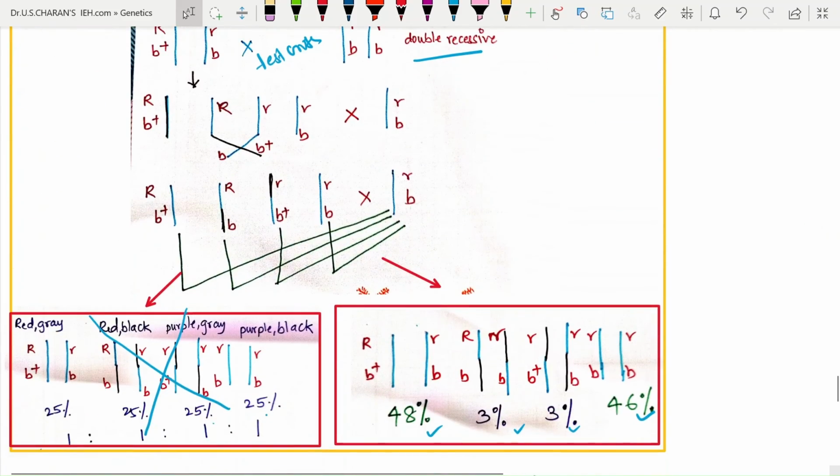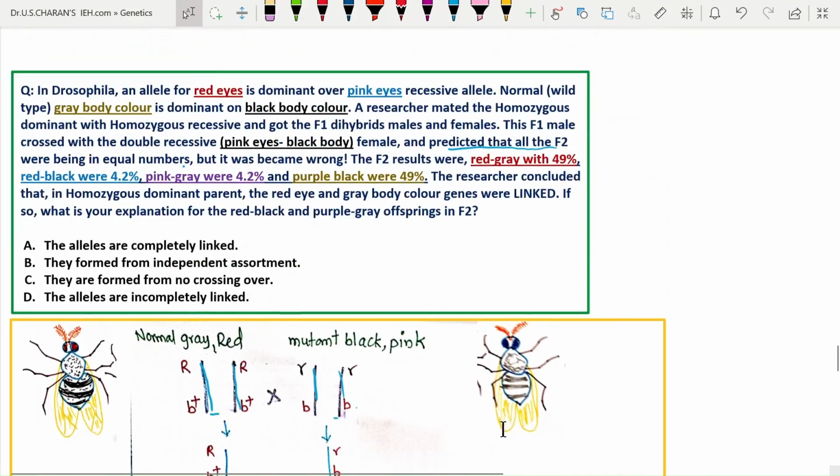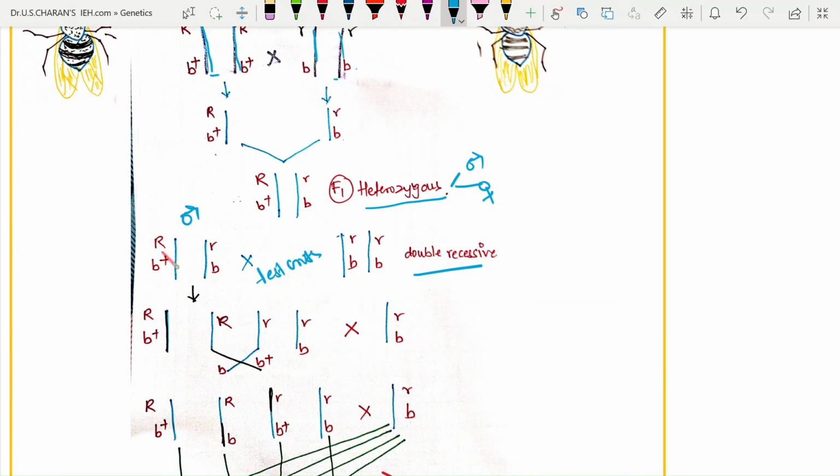From this ratio, he concluded that the genes located on the same chromosome are linked with each other. If they are linked with each other, most of the gametes produced from this parent are these and these. A very small number are involved in crossing over and form these two recombinant gametes.